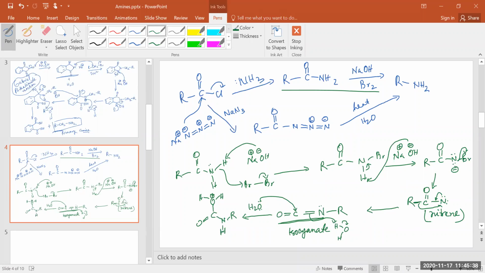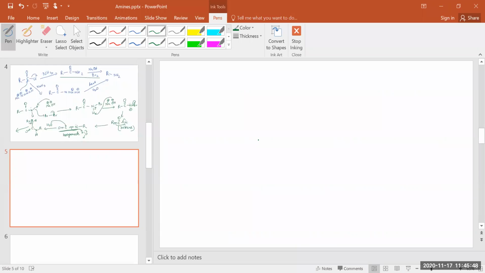Okay. So here deprotonation. Deprotonation will make, I'm writing the same here, RCO, like this in the next step.